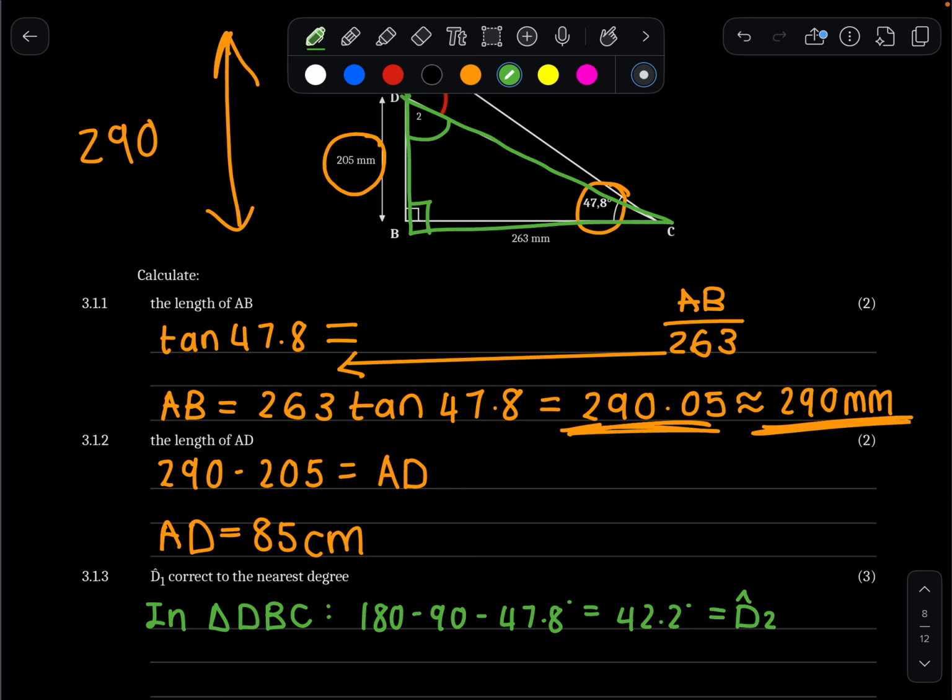Our reason is angles in a triangle add up to 180 degrees.